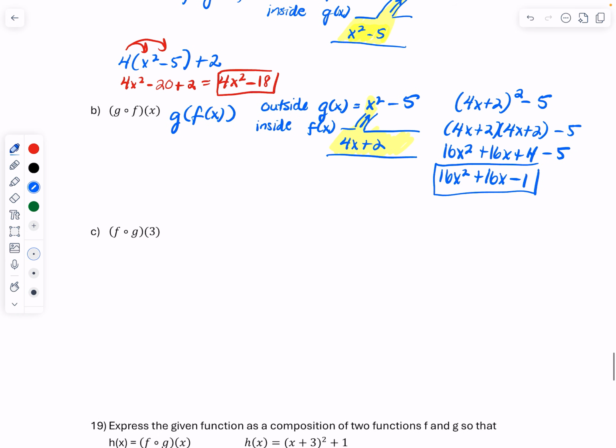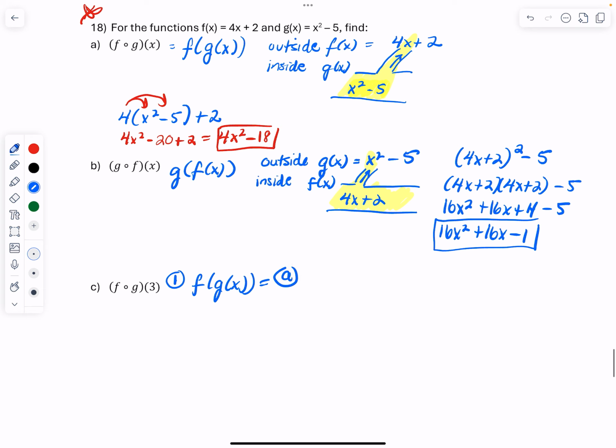So C says we have f of g, but not at x anymore, at 3. The first thing I'm going to do is find f of g of x first. I already did that up in A, so I'm going to put a little note. When I did that, I got 4x squared minus 18, from this value up here in A. Now my second step is to plug in 3 for x.